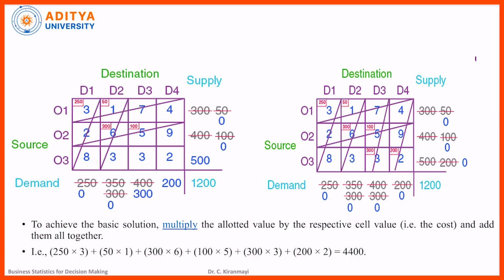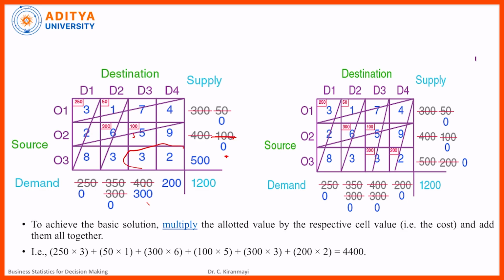So, which is lesser? 300, 100. 100 is lesser, therefore 100 to be assigned. Strike off this 100, 0. So, out of 400, 100 units are supplied, 300 will be left over. And all 400 units are supplied from origin 2, so strike off the second row.